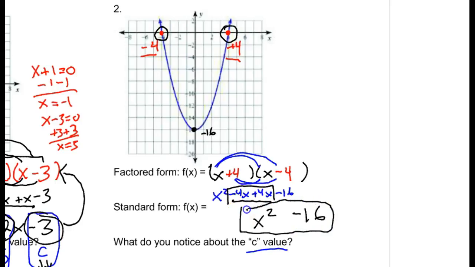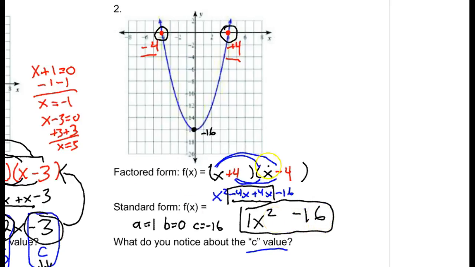So in this particular case, since there's no x term on the inside, the a would equal 1, the b would equal 0, and the c would be -16. Since these x's end up equaling 0, 4 minus 4 is 0, so b equals 0, as opposed to, well, the first number is 1, the second number is -16, so b equals -16.